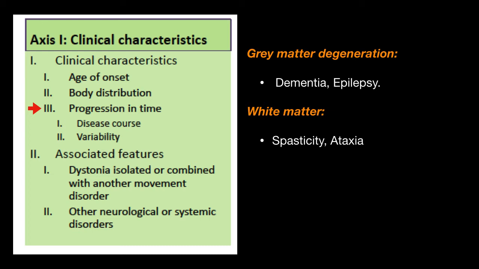But degenerative diseases primarily targeting the brain white matter are more likely to present with spasticity or ataxia. Certain conditions characteristically begin with a particular movement disorder, and other neurological manifestations only occur later. For example, dopa-responsive dystonia usually manifests predominantly as dystonia in childhood, but Parkinsonism becomes increasingly prominent with older age.